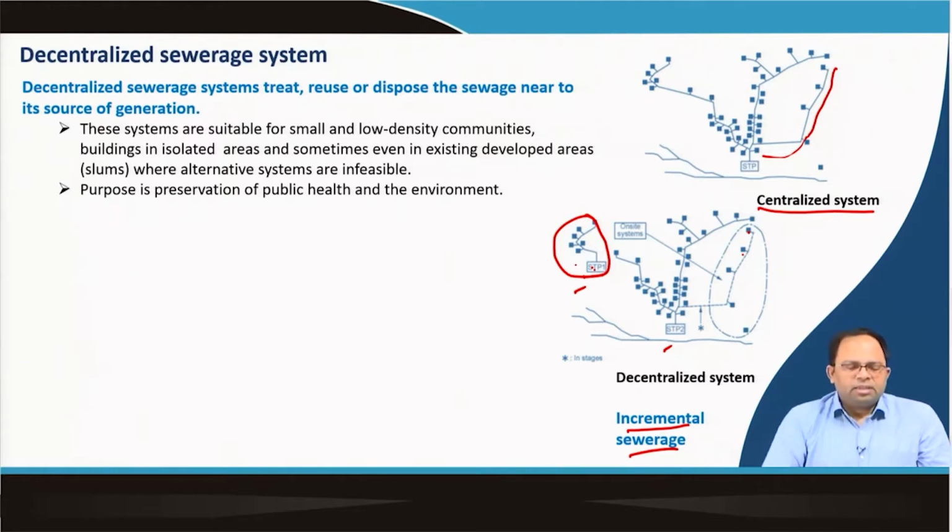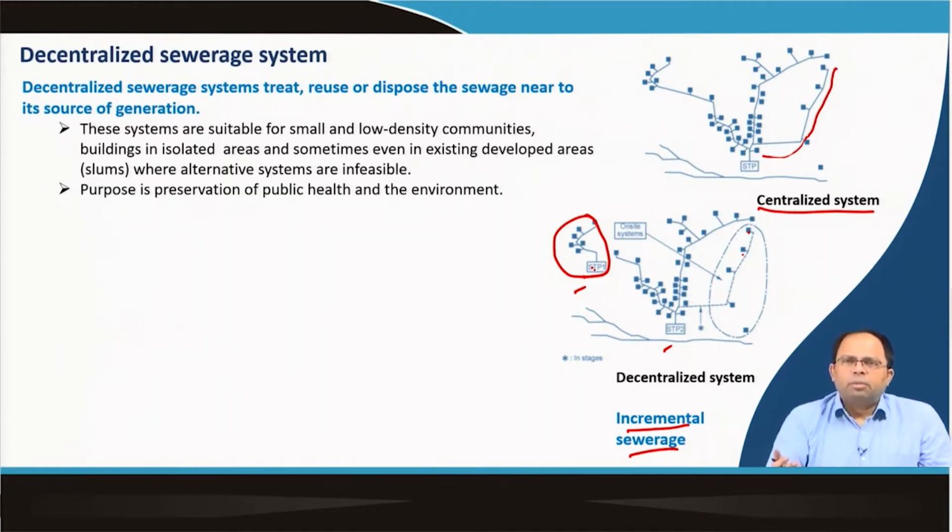Now, what are the benefits of this? This is suitable for small and low density communities, buildings in isolated areas, and sometimes even in existing developed areas like slums where alternative systems are infeasible. Sometimes if I need to connect this area with the main line, we have to extend the pipeline, and when we extend the pipeline it gradually goes below. Because of the invert levels we have to provide slope to that pipeline.